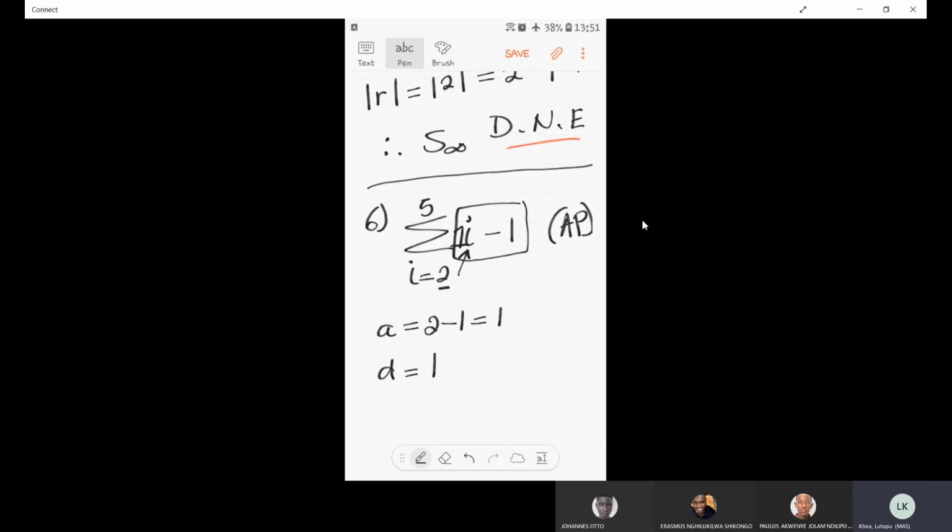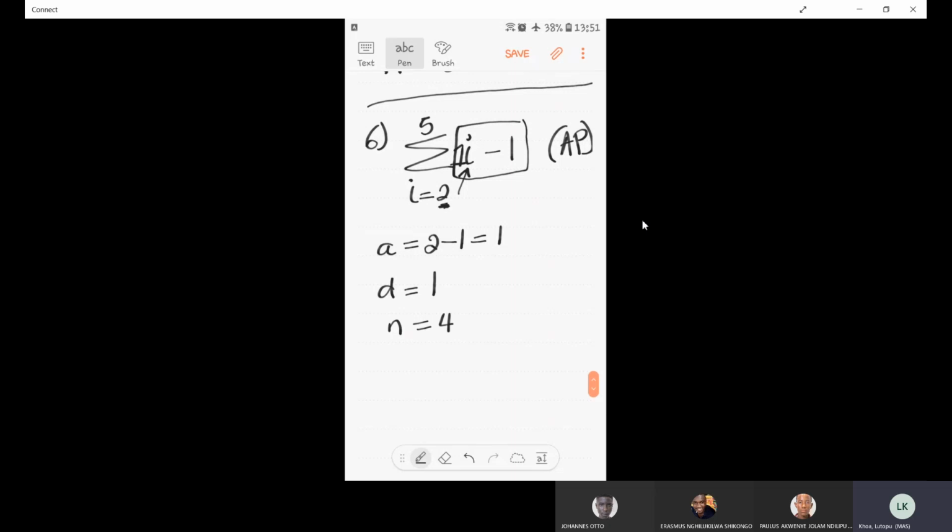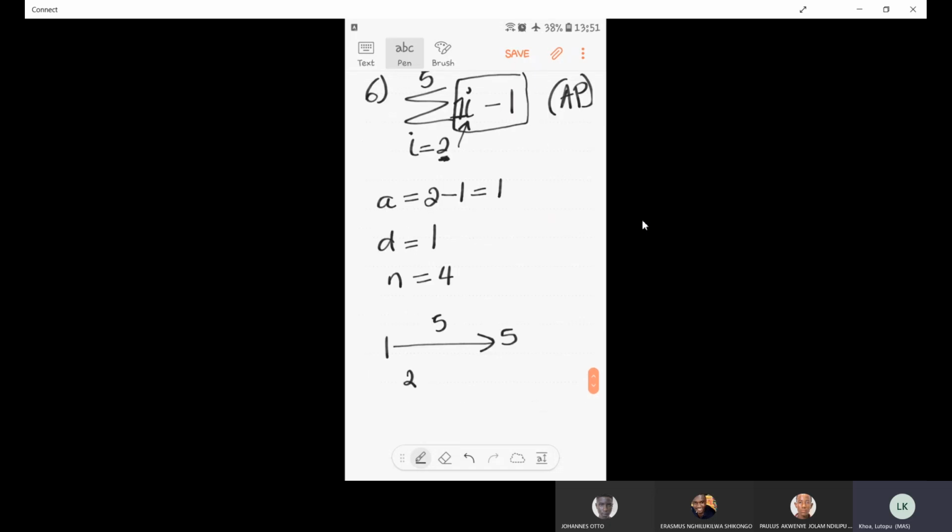And then N is how many terms do I have? If I start at 2 and then I end at 5, I have 2, 3, 4, and 5. Okay, so that is 4 terms. If I was counting from 1 to 5, I would have 5 terms, but then I start at 2 to 5, it means 1 is left out, so now I have 4 terms.